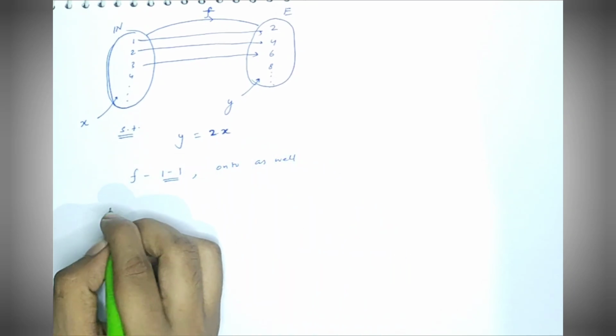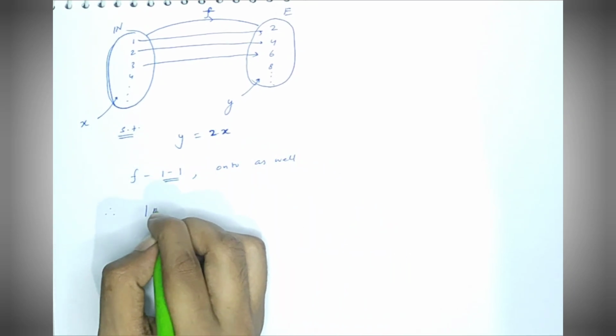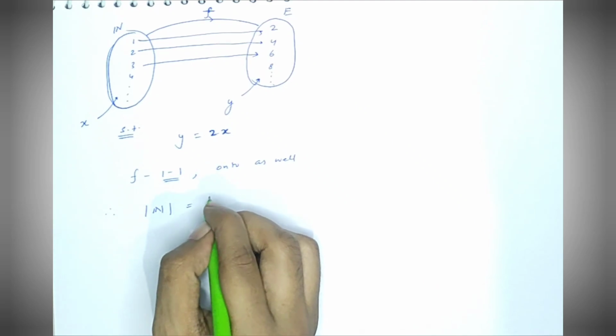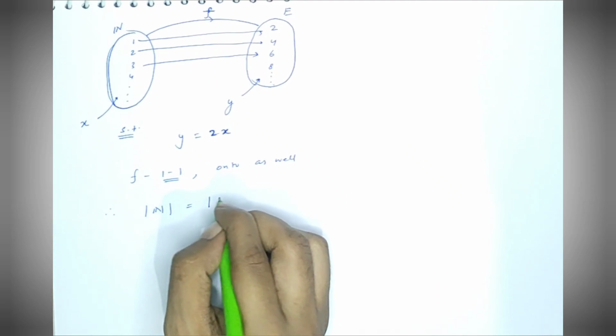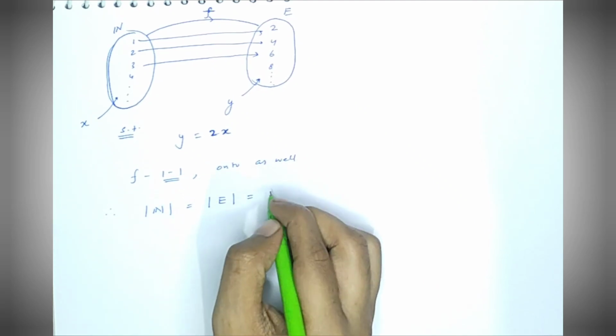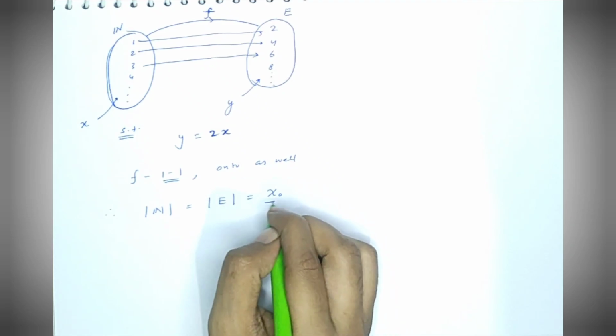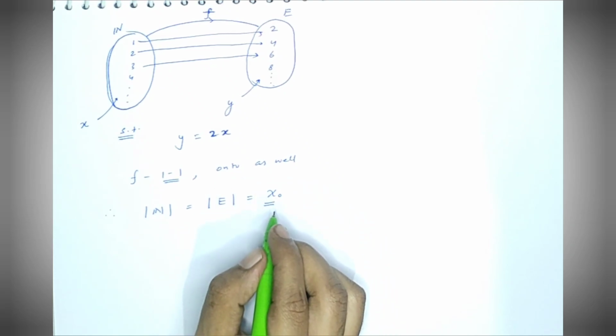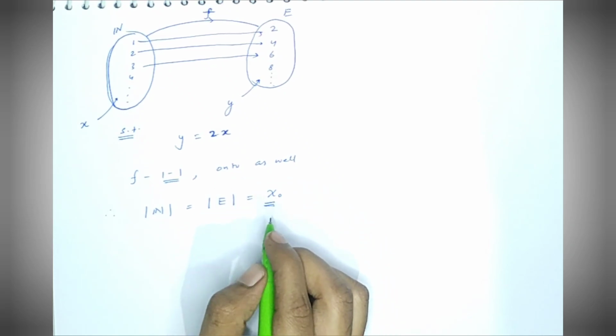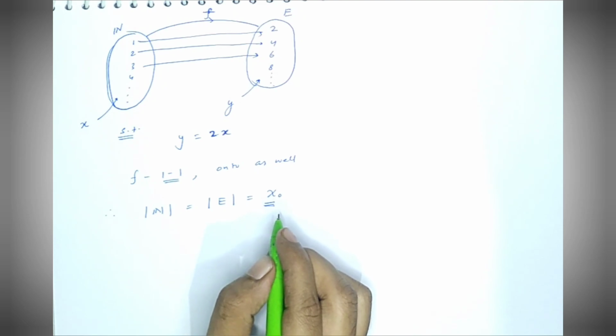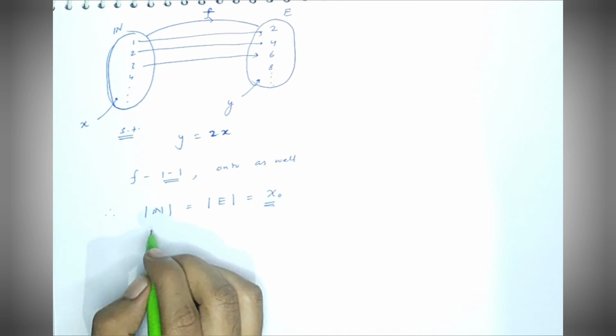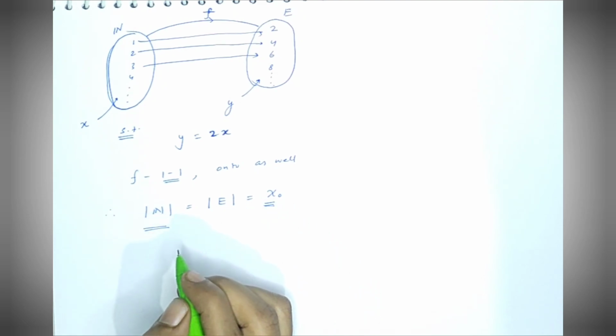Therefore we can say the cardinality of the natural numbers is equal to the cardinality of the even numbers, that is Aleph null. We are going to discuss Aleph null and the continuum in the next lecture in more detail. That's it for now.